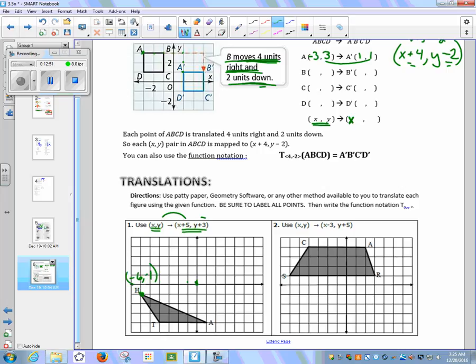If we're going to add 5 to it, negative 6 plus 5 is going to give us negative 1. And then the y is at negative 1. We want to add 3 to it. Negative 1 plus 3 is 2. So our H prime is going to be at negative 1, 2.